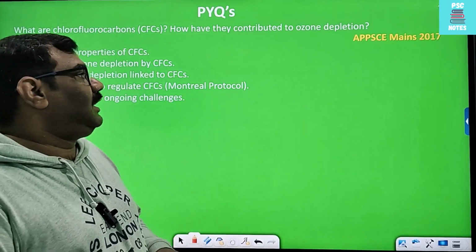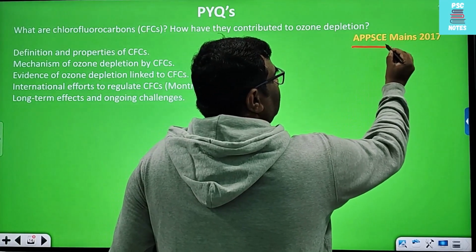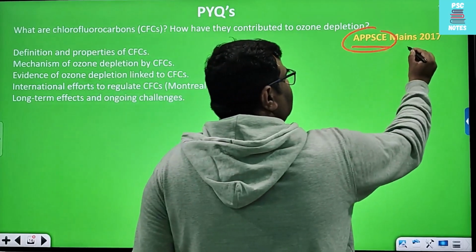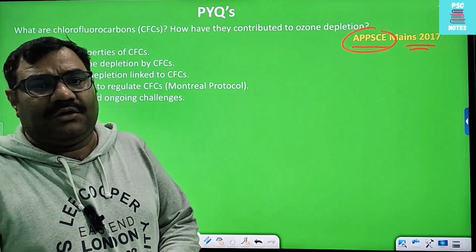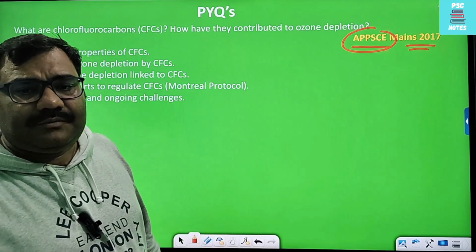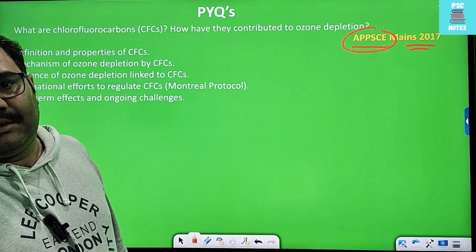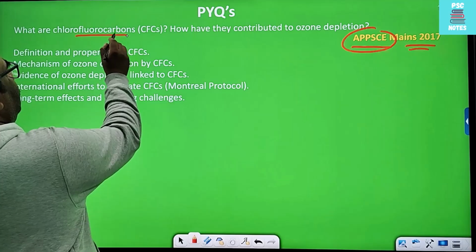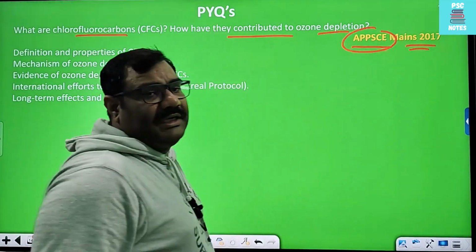Now coming to the next question, which was asked in APPSC CE Mains 2017, that is the Arunachal Pradesh Public Service Commission. The question was, what are chlorofluorocarbons and how have they contributed to ozone depletion.